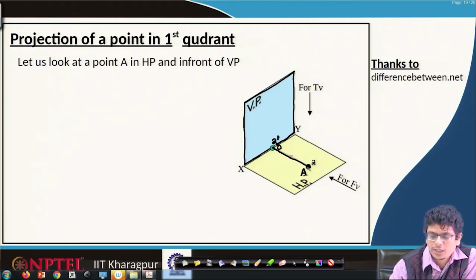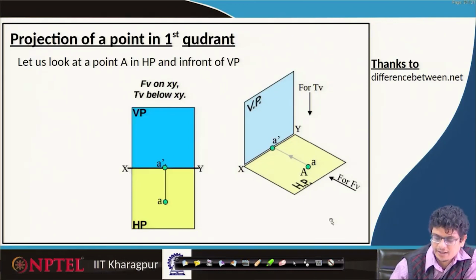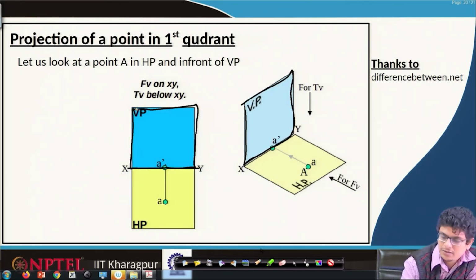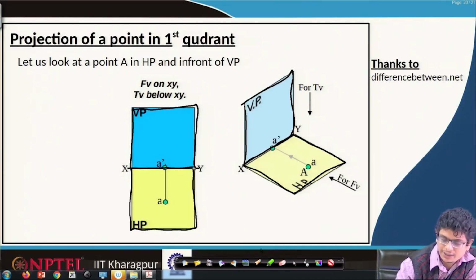So, if we are flipping this horizontal plane by 90 degrees clockwise, we will get this vertical plane as this and this horizontal by 90 degrees clockwise. A is projected onto origin.